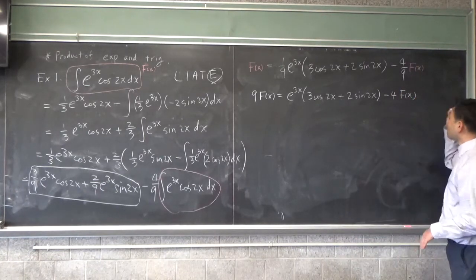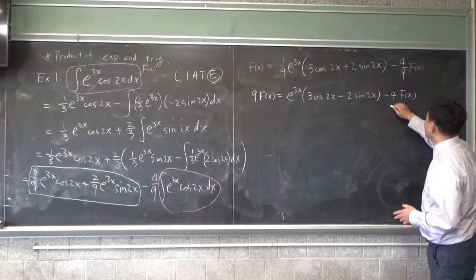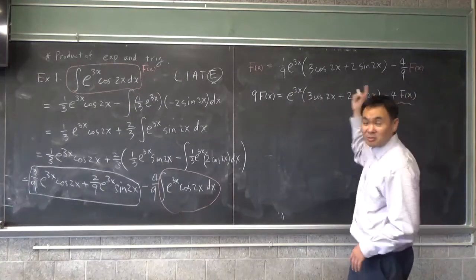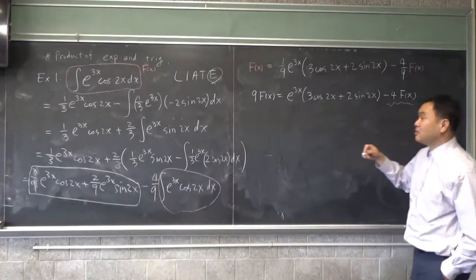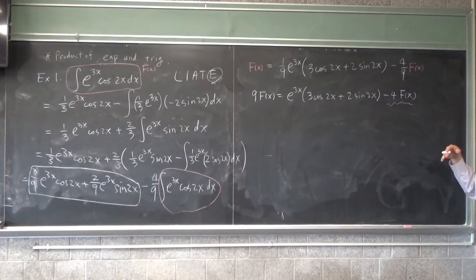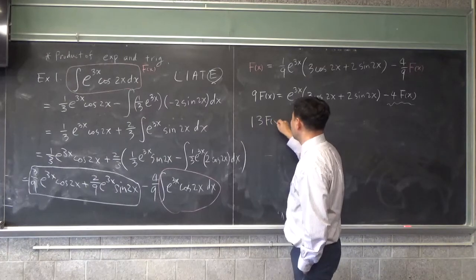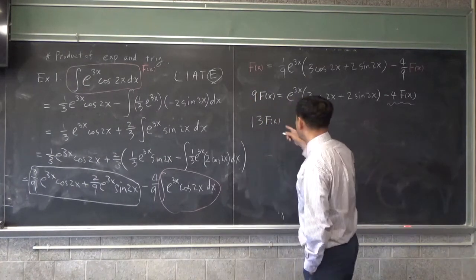Okay, we're trying to solve for F of x, so what's the next step? This one here should be going that way, right? What do you get on this side then? Negative 4 becomes positive 4, so it's 13 F of x. What we're doing is adding 4 F of x to both sides.